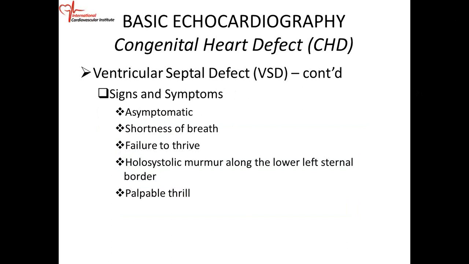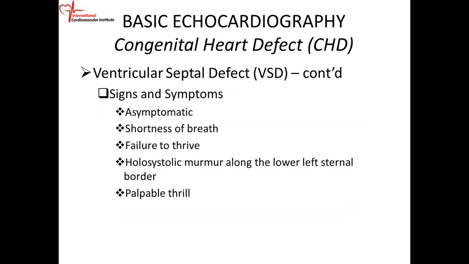The murmur for a VSD is an holosystolic murmur. Remember, when we say holosystolic, it occurs throughout all of systole. The other murmurs that will give you a holosystolic murmur are your mitral regurgitation and your tricuspid regurgitation. The third one is ventricular septal defect.